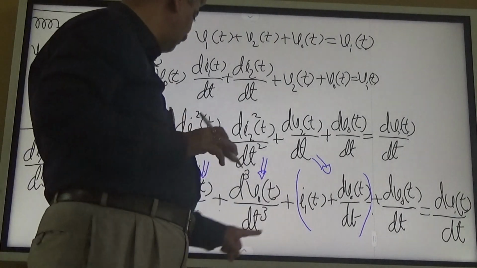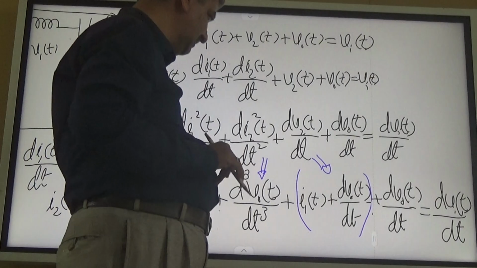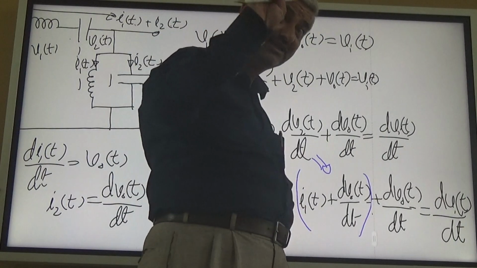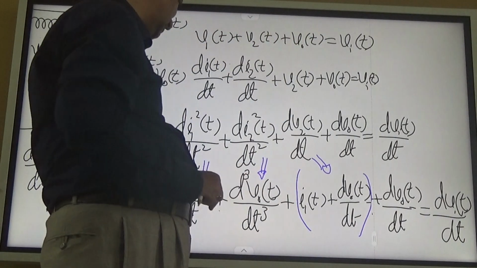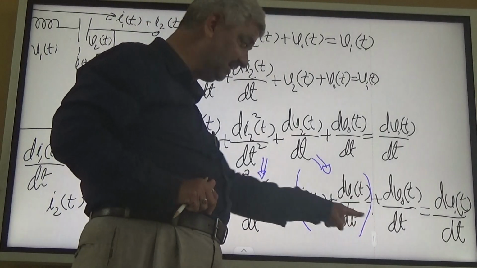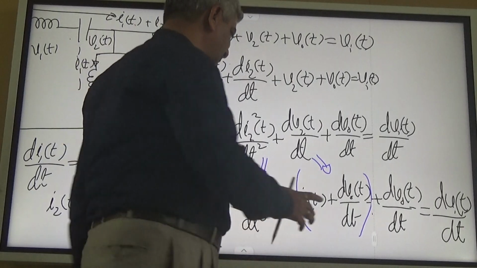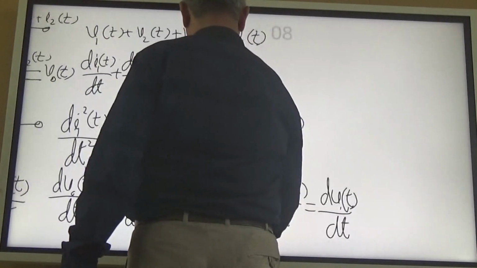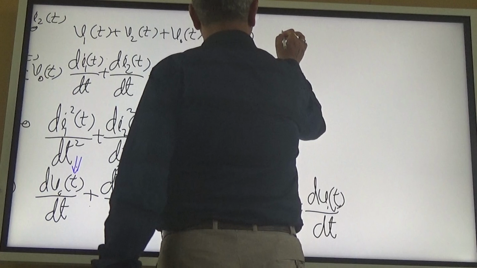Now, what have I got? dV0(t) by dt, dV0(t) by dt, dV0(t). So three terms are there. So now what is it? d cube V0(t) by dt cube plus 3 dV0(t) by dt plus I1(t). I write once again because it was somewhat complex.